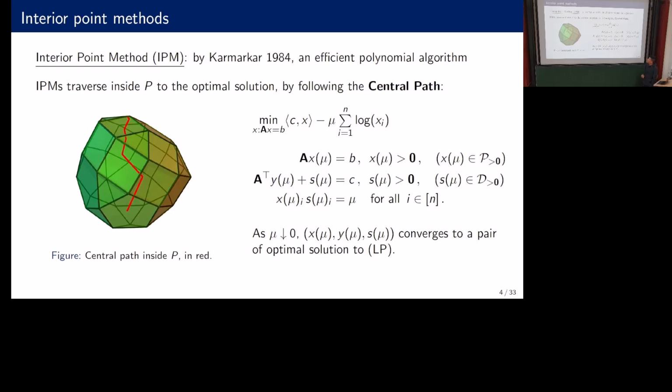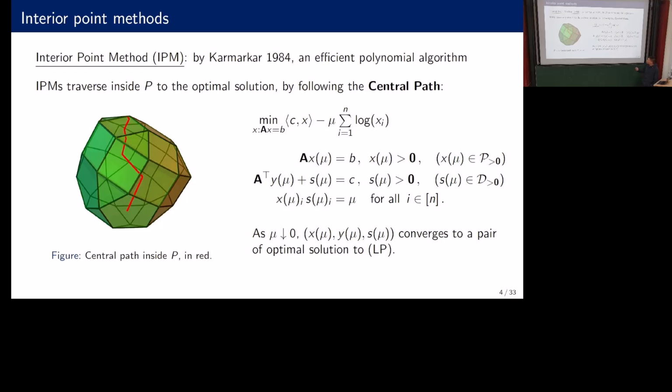So what is this central path equation? It is basically when we put the LP into the log barrier function and then consider the optimality conditions arising from the KKT conditions. The first two equations say that your primal and dual variables need to be strictly feasible and also in the correct subspace of the LP. The key is the third equation, which says that the coordinate-wise product of the primal and the dual variables needs to be equal to this parameter mu.